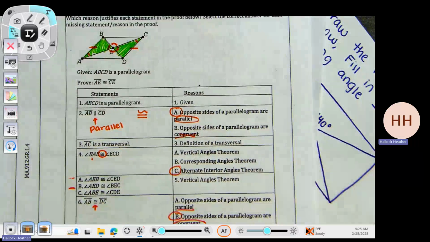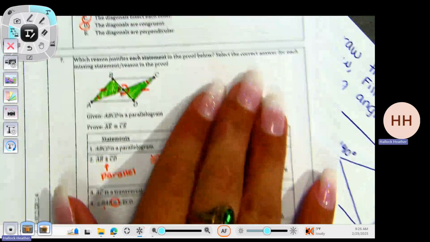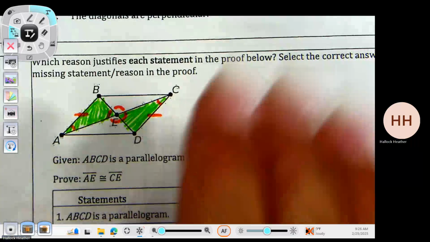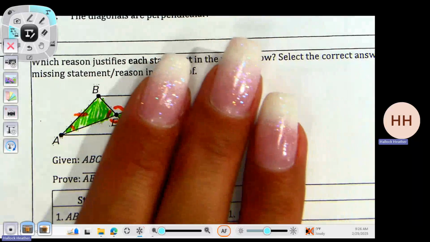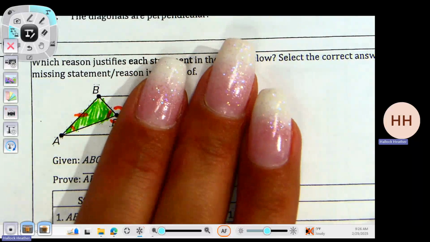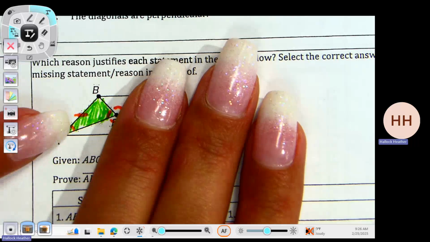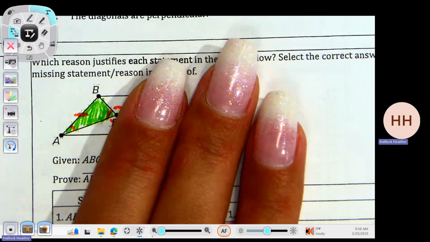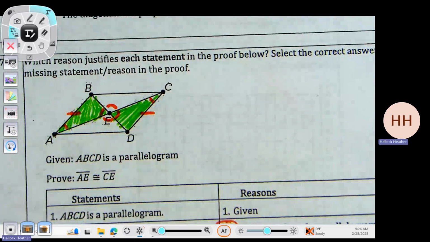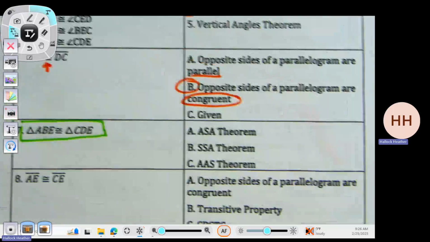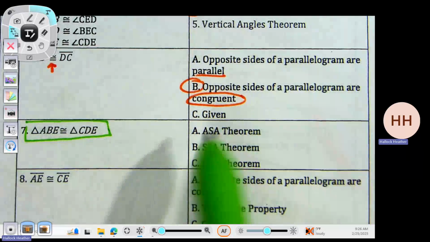We need to figure out what statement from our triangle congruency theorems represents this. If I cover up one of the triangles and just look at the green triangle, I've marked a side congruent and an angle and an angle. So I need two A's to represent each angle and a side.